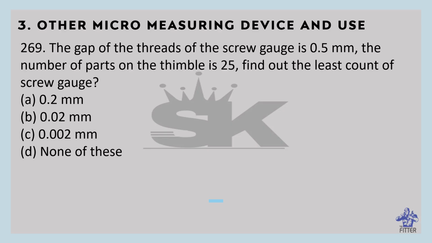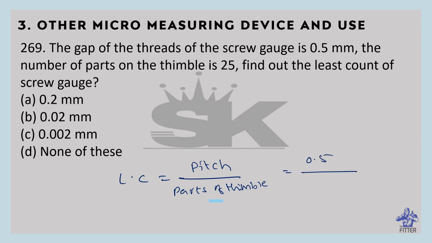So here least count equals pitch upon parts of thimble. So pitch is 1 by 2, right? So we can take it as 0.5. And number of parts on the thimble is 25. So that is 1 by 50. That is equal to 0.02 mm. Okay. So option B, right?